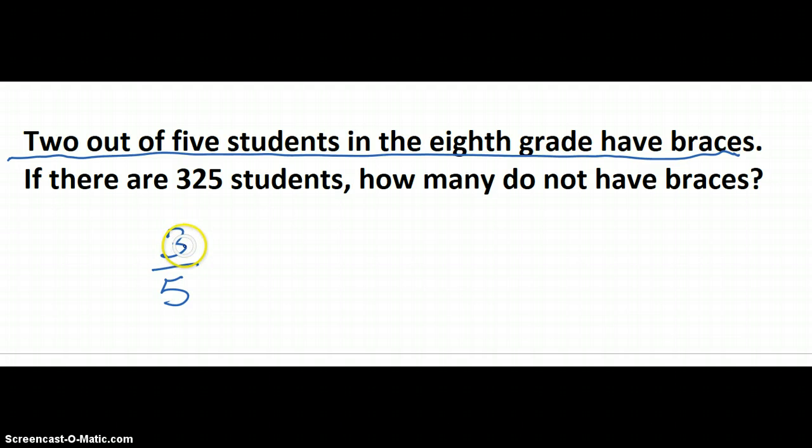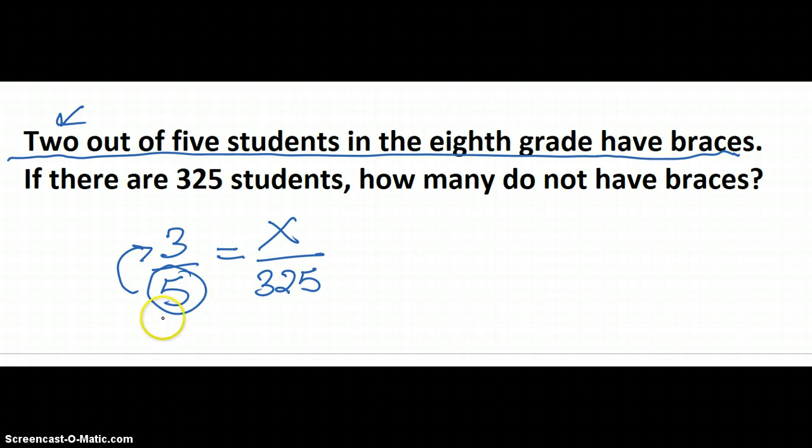So for every 5 students, 3 do not, because 2 do. I hope you understand that, because that's making sure that you understand the property of a whole. And so if there's a total of 325 students, then how many don't have braces?